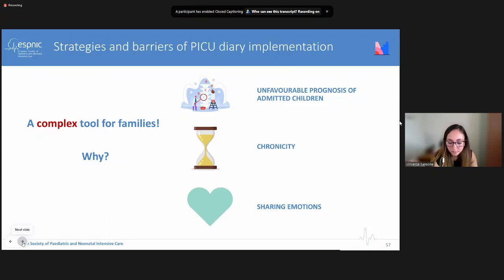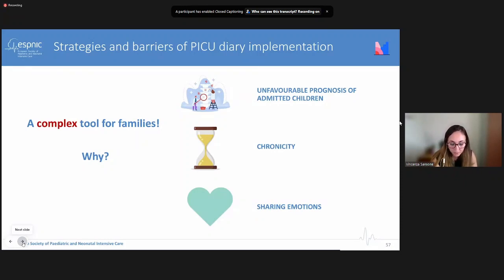Because a bad prognosis often accompanies the fear of memory. So family members don't write because they are afraid of losing their child, their son. They can therefore adopt an attitude of avoidance, and they can choose to not write because they don't want memories of this difficult moment.